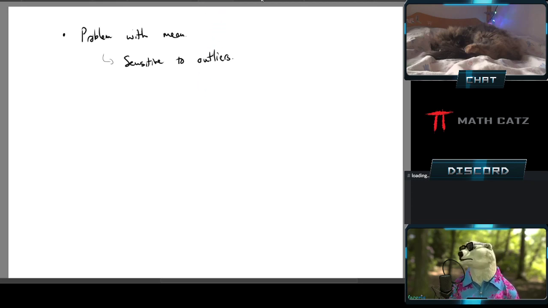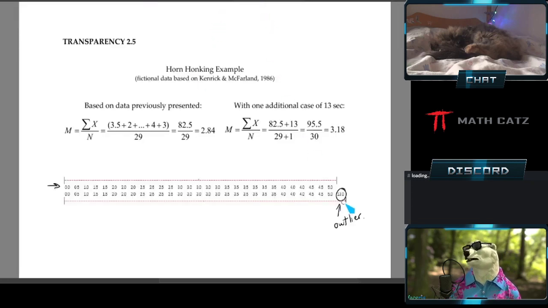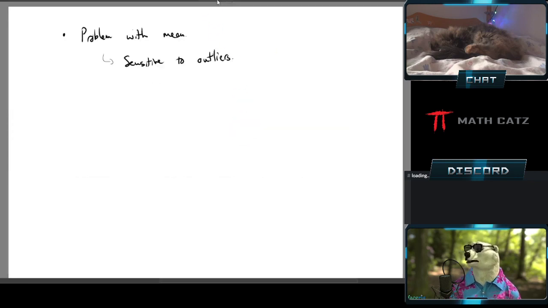They're one score among many. It shouldn't have that big a role in determining this mean, this single measure. It's one of many. It should have the same role. But unfortunately, the way the mean is calculated, it does not have the same role. It has a much bigger effect.